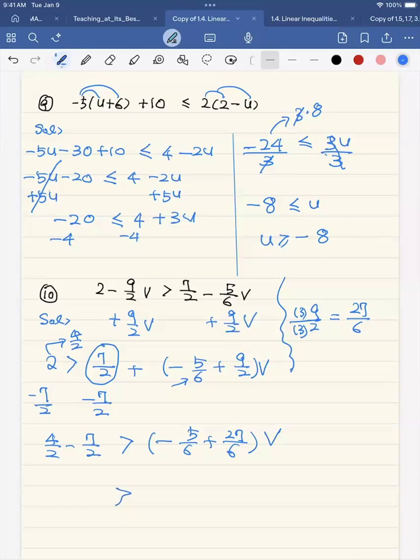So when we calculate with the numerator, because denominators are the same, we get 22 over 6v. On the left side, we have negative 3 over 2.